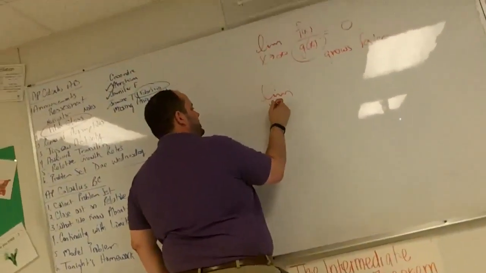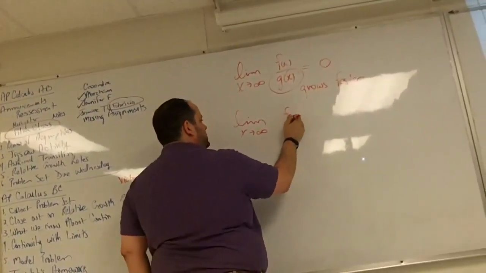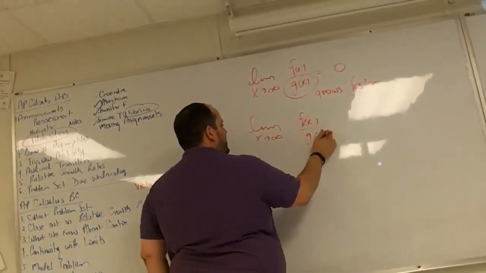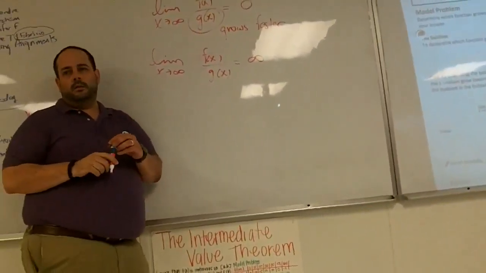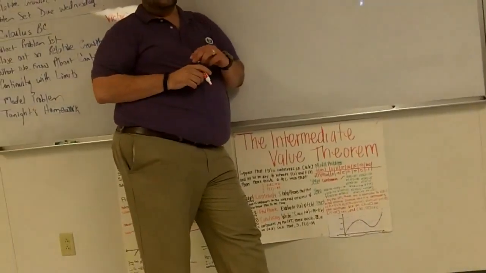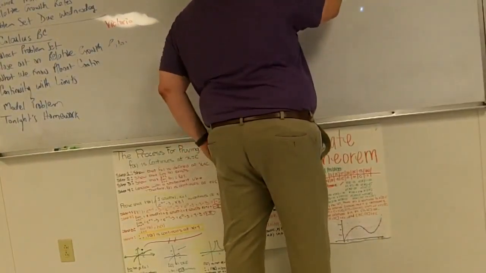If I take the limit as x approaches infinity of f of x over g of x, and I get infinity, which one grows faster? It should be f of x grows faster.